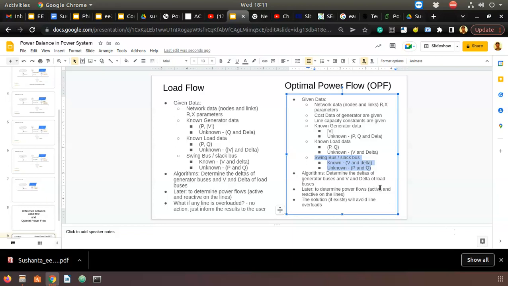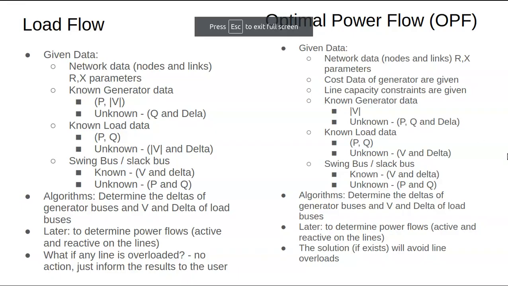See, what happens is the swing bus will be assigned to one of the generators, and the generator cost also will be taken into account. You know the cost of this P, whatever is generated. But what is the cost of this P? We should know.